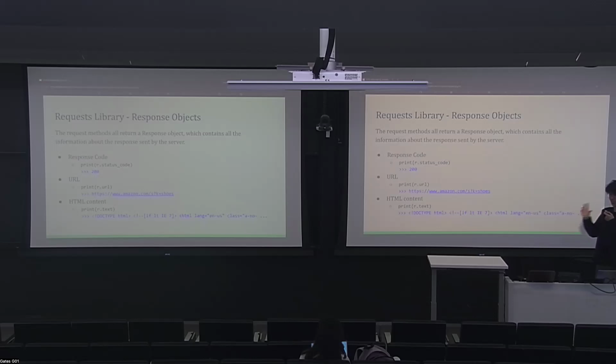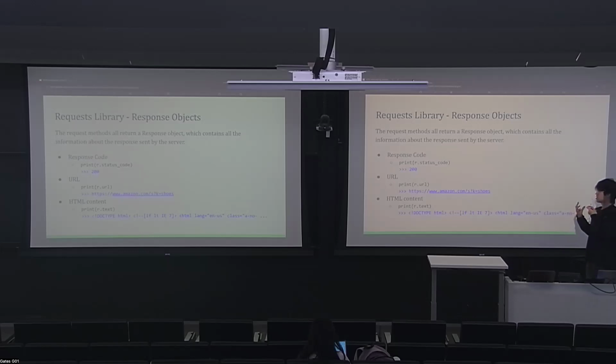You want to see if the request is successful, and the easiest way to do that is by looking at the status code. If it's 200 or 201, it usually means it's successful. Well, any code that starts with 2, but usually there's only 200 and 201. If it's something like 300, 500, 400, it's not good.